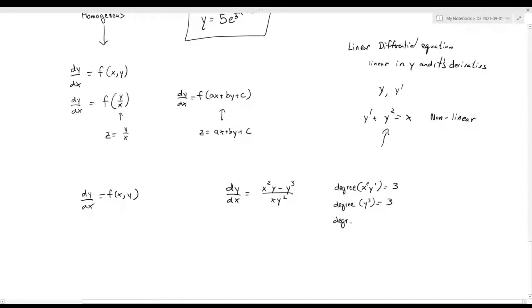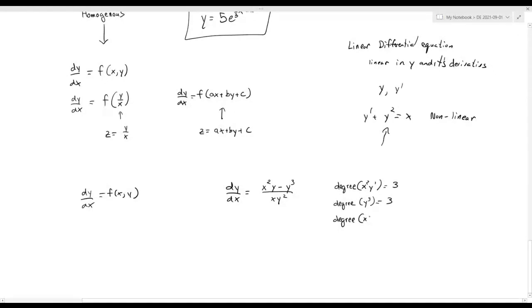And the degree of the denominator, x to the power 1 times y squared, you add the exponents to get a combined degree of 3. So if all the terms on the right-hand side have the same degree, that's a telltale sign that you have a homogeneous differential equation. And then the challenge is to rewrite the right-hand side as a function of y divided by x.